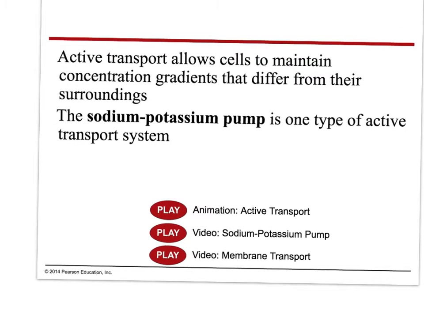One of the best examples of this is the sodium-potassium pump. This is present in all your cells, which keeps your cells at what we call a resting membrane potential. There's an amount of positive ions outside the cell versus inside the cell.